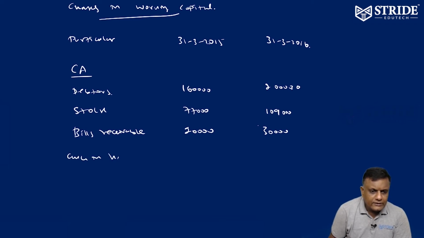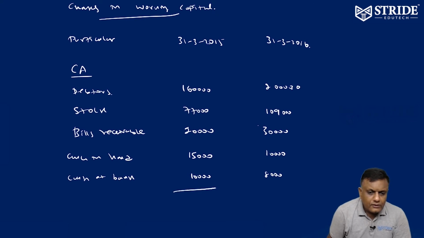Cash in hand, current asset: 15,000 opening, closing 10,000, decrease. Cash at bank: 10,000 opening, 8,000 closing. That's it. So this is current assets.